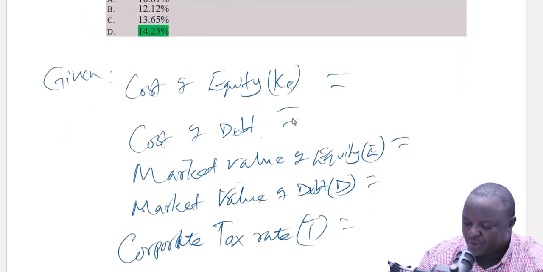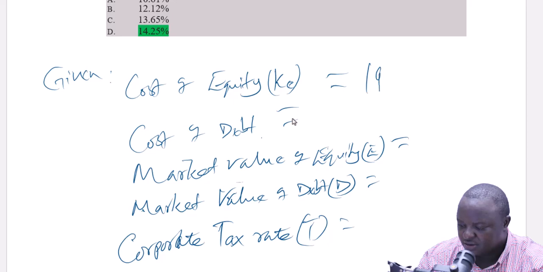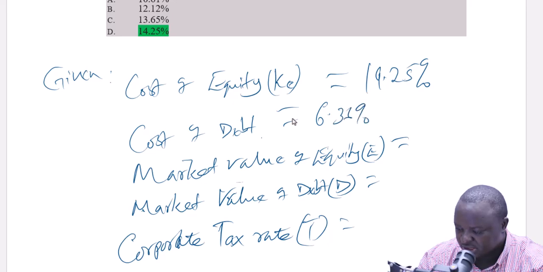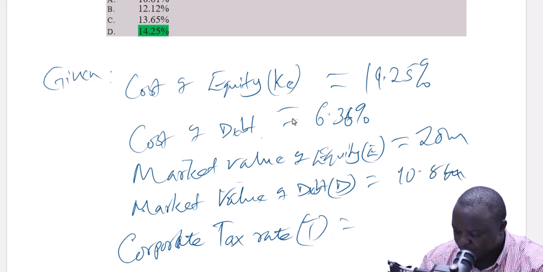So we have our cost of equity of 19.25%, a cost of debt of 6.36%, market value of equity of 20 million, market value of debt of 10.8 million, and corporate tax at 30%.